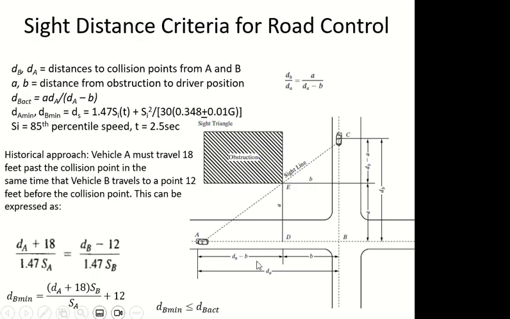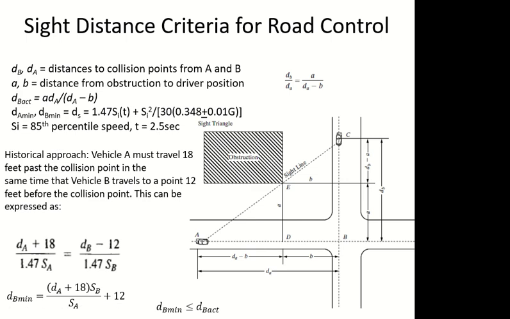The speed is taken as the 85th percentile for each road, whichever road you are calculating the distance for, and the normal reaction time t value is taken as 2.5 seconds. So t is your reaction time and s is the speed of the route, and normally which is taken as the 85th percentile speed.